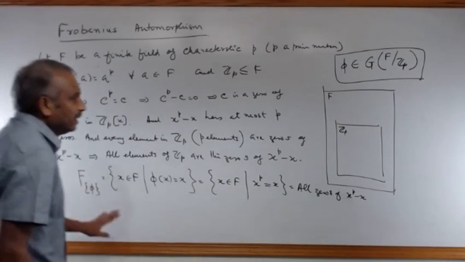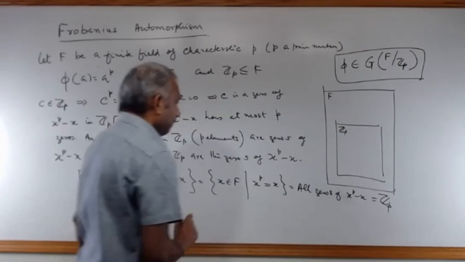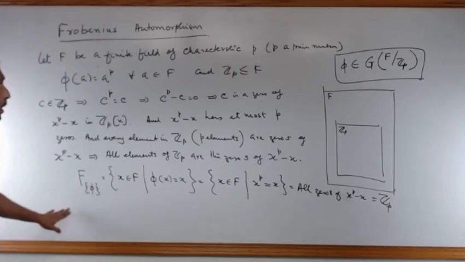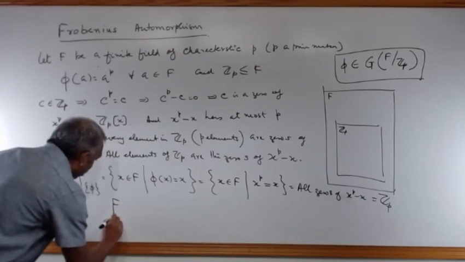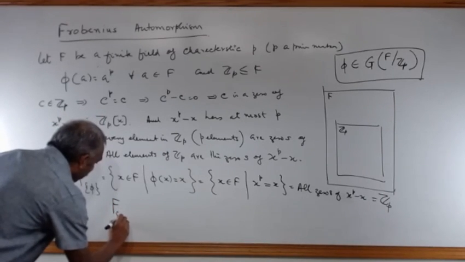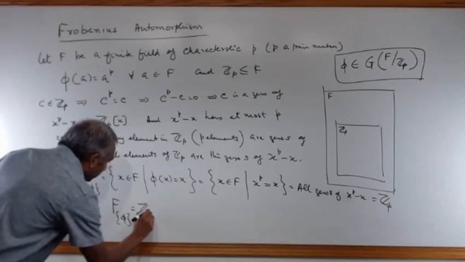And what is that? That is equal to Z_P. So the result is that the fixed field of the Frobenius automorphism is Z_P.